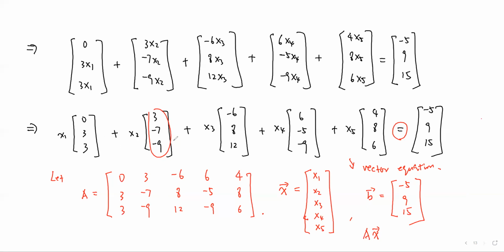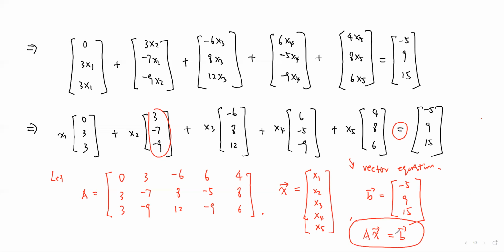So the left side is matrix A times vector X, equal to the right side, vector B.